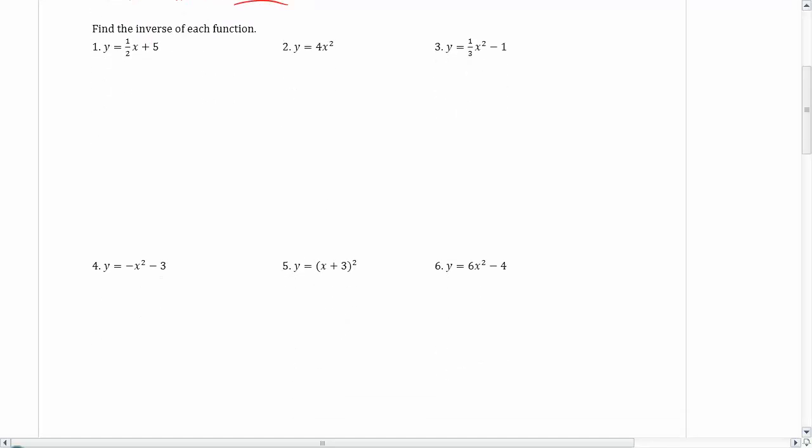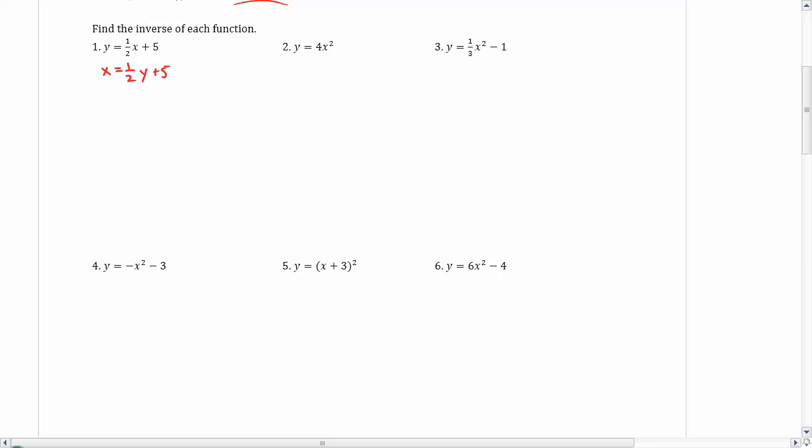So first step for this one, make sure it's y equals, it is. Second step, rewrite it, switching the locations of x and y. So now it's x equals 1/2 y plus 5. Now what we're going to be looking for is solving for y. So take that y value, isolate it.